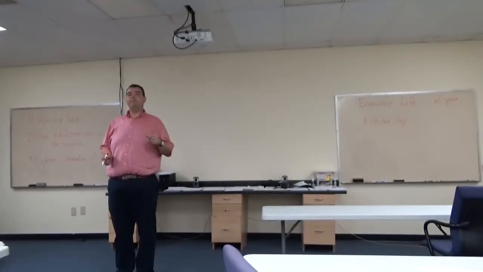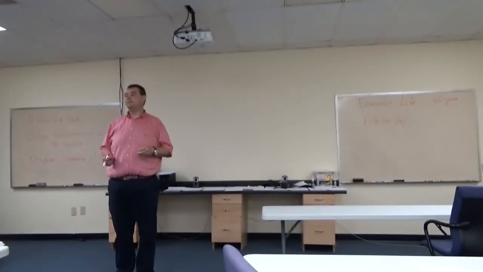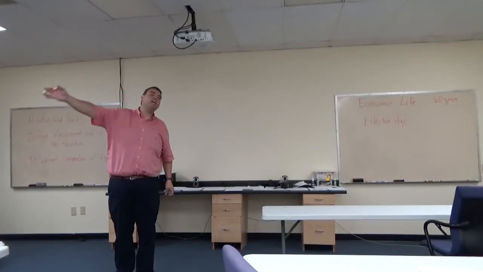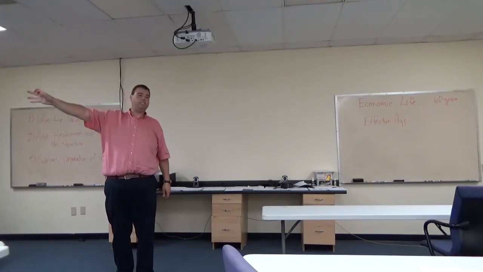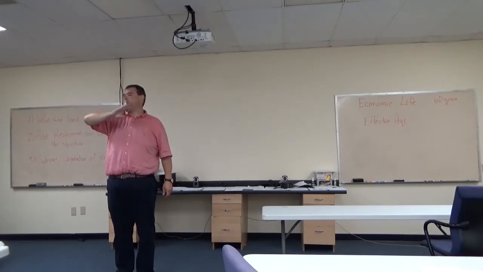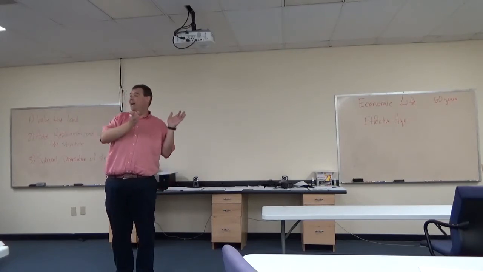Can the effective age of a building be changed? How? Updates. Yes, renovate it. If we came through and we gutted this building and put brand new finishes, we just retiled, new light fixtures, new whole 9 yards everywhere, the effective age of this building would be rolled backwards.